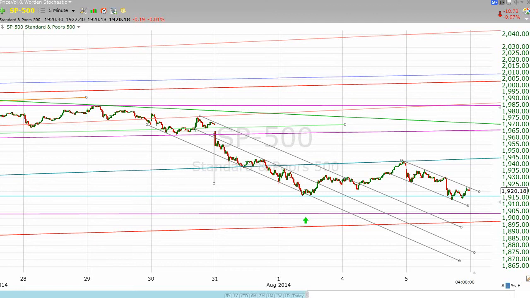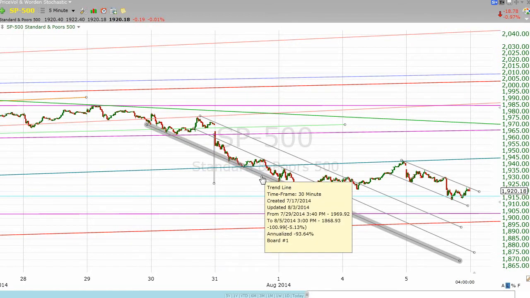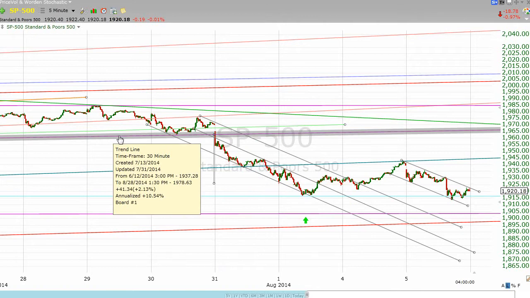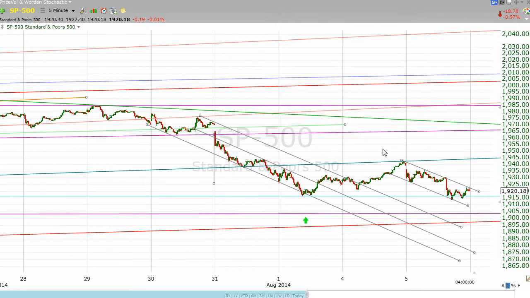Looking at a 5-minute chart, I mentioned over the weekend that the S&P, after it broke down underneath 1966 or so, set up this little parallel channel, this one between this line and this line right here.